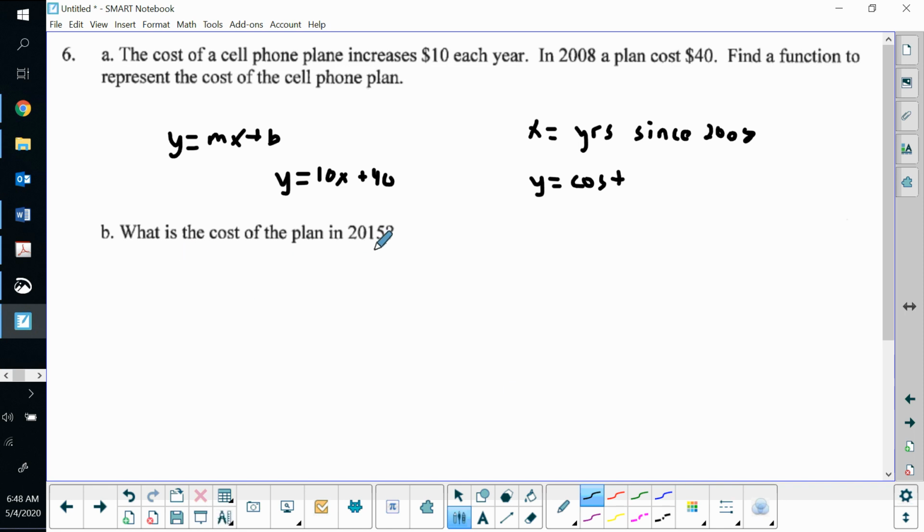So what is the cost of the plan in 2015? Well, x is years since 2008, so that's 7 years after 2015. So we're just going to put 7 in for x. And when we put that in, we'll get back 110, and our units is just dollars.